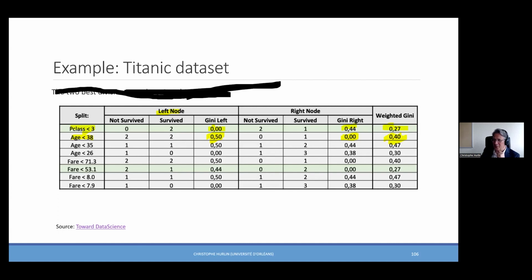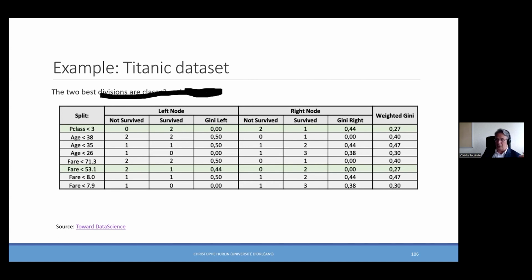What are the best variables that you recommend me to use for the first split according to this principle of binary division and gain in impurity measure?